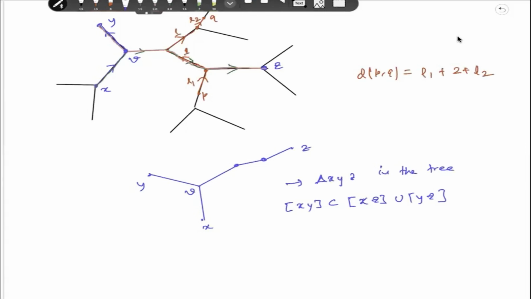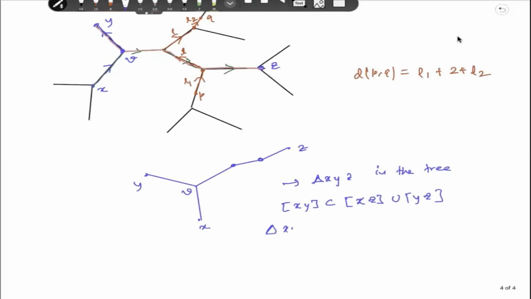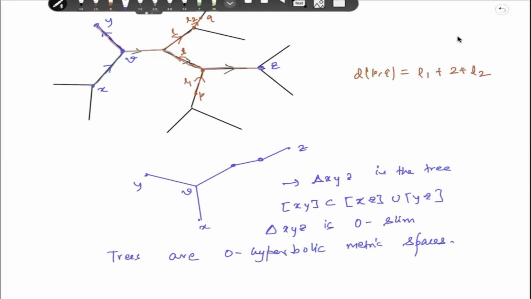Therefore, this triangle XYZ is zero slim. Okay, so therefore these trees are zero hyperbolic metric spaces. So now let me define.